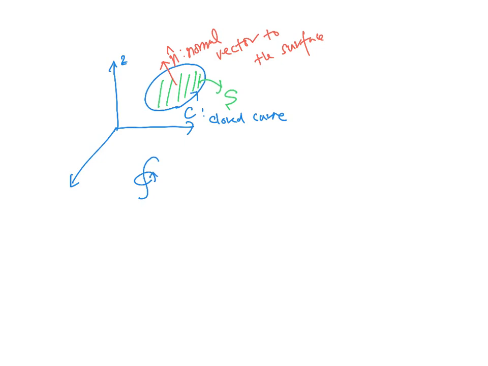If we have the closed integral of F dot dr over C, it is the same as the two-dimensional integral of curl F dot dS over S. So I only showed this proof for the xy plane, but you can actually do it at home. This is called the Stokes theorem.